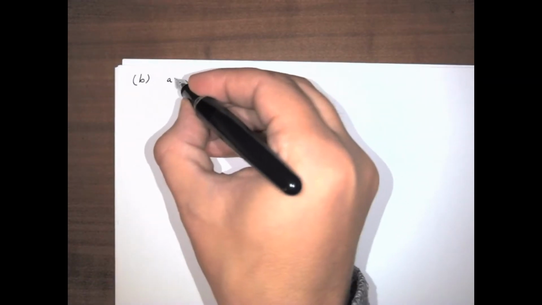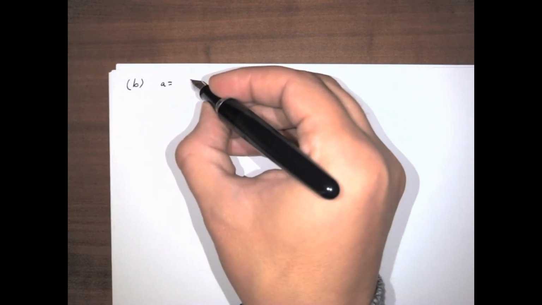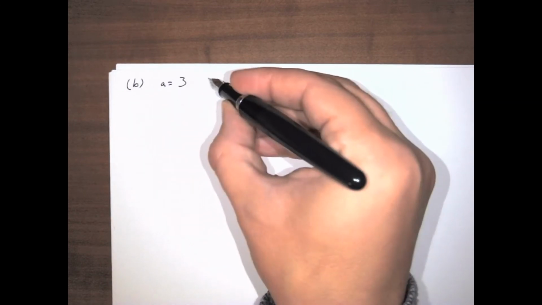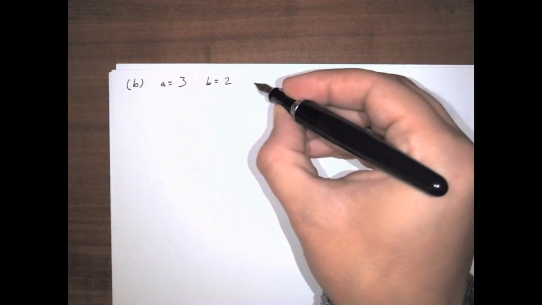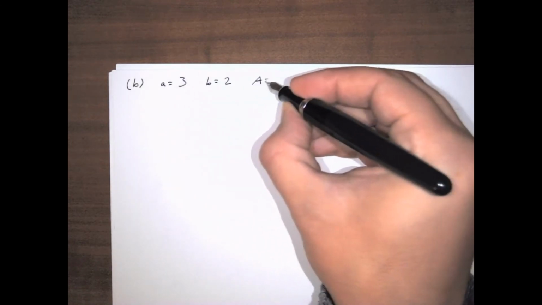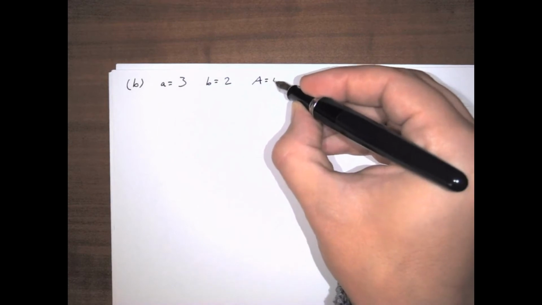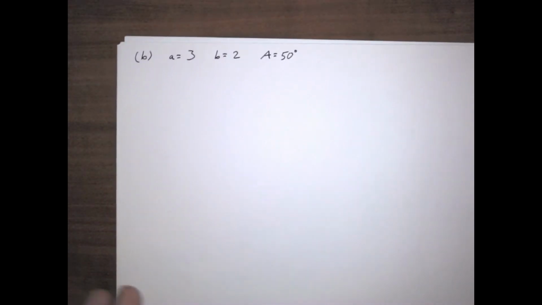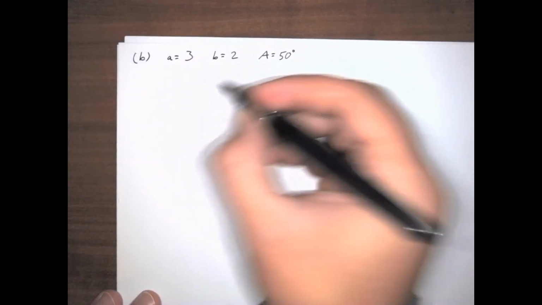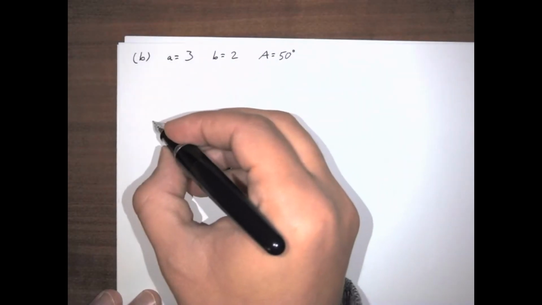So let's say that little a equals 3, little b equals 2, and then capital A equals 50 degrees. Okay, so that's the information that we're going to be given here to start. And let's just see what we can figure out.